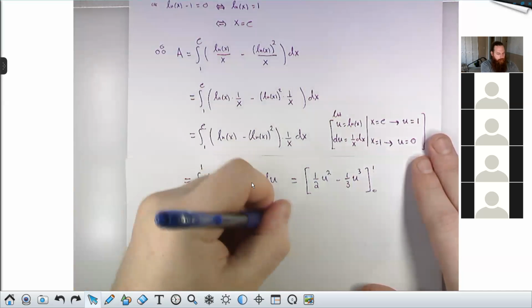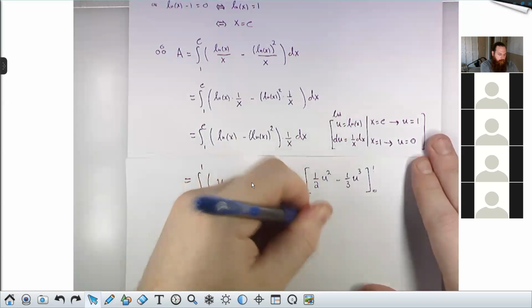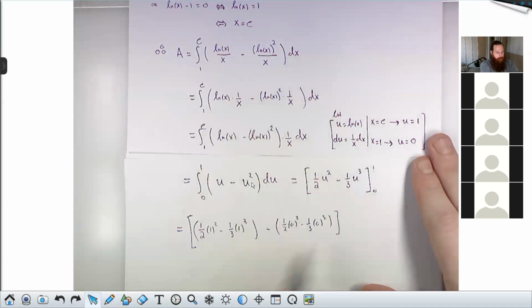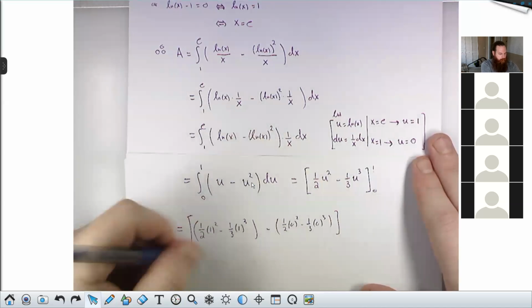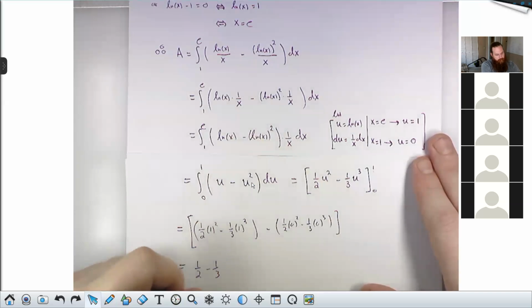Plugging in my lower bound, I get 1/2 times 0 squared minus 1/3 times 0 cubed. This is all 0. So I just get 1/2 minus 1/3, which is 1/6.